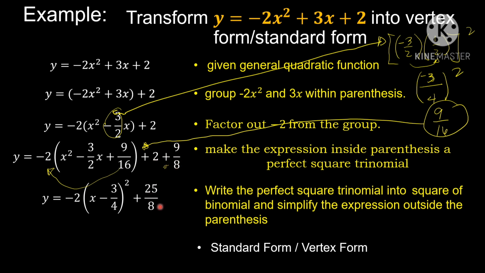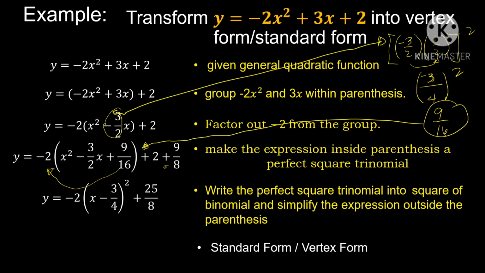Then copy the common denominator. So it becomes x minus 3 fourths quantity squared. It's because the factor of this expression is x minus 3 fourths times x minus 3 fourths. So we simply write it as the square of x minus 3 fourths. Okay?